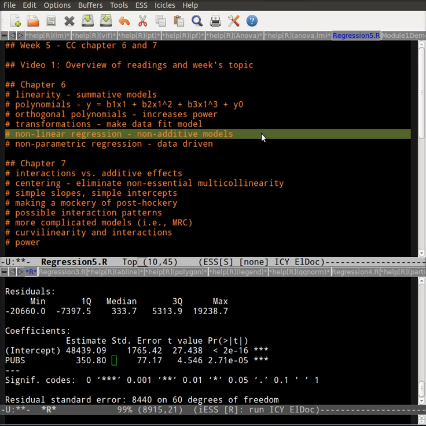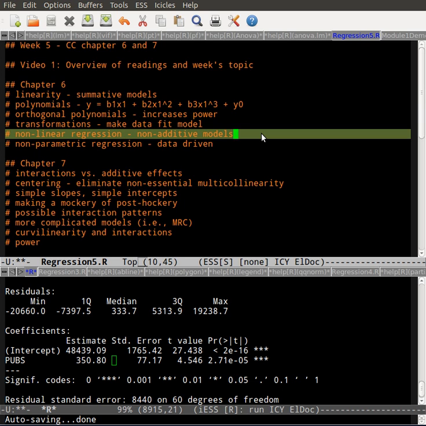So it might be x1 raised to the x2 power, and there are b's for both x1 and then a b for x2, so that there is some form of a power relationship between 2 of our predictors when predicting our y. And that would be a nonlinear regression model.